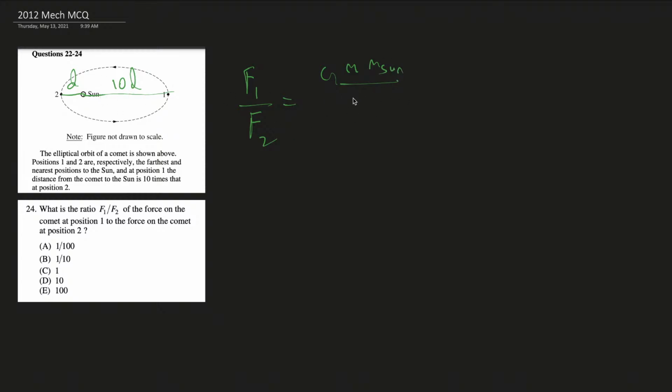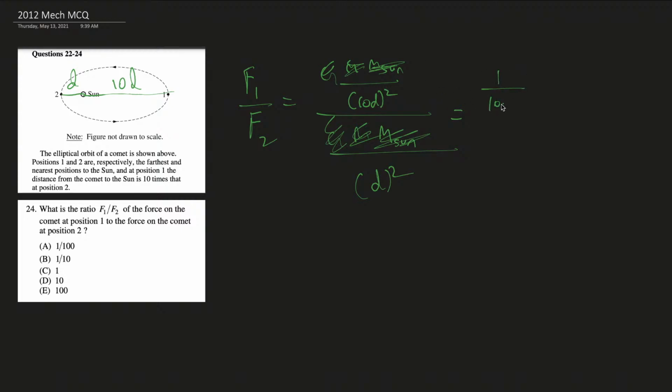Well, here we have 10d as our r, so G m m of the sun over 10d squared here, and G m m of the sun over d squared here, because the radius is d compared to 10d over here. So the G's can cancel, the m's can cancel, and the mass of the sun can cancel.